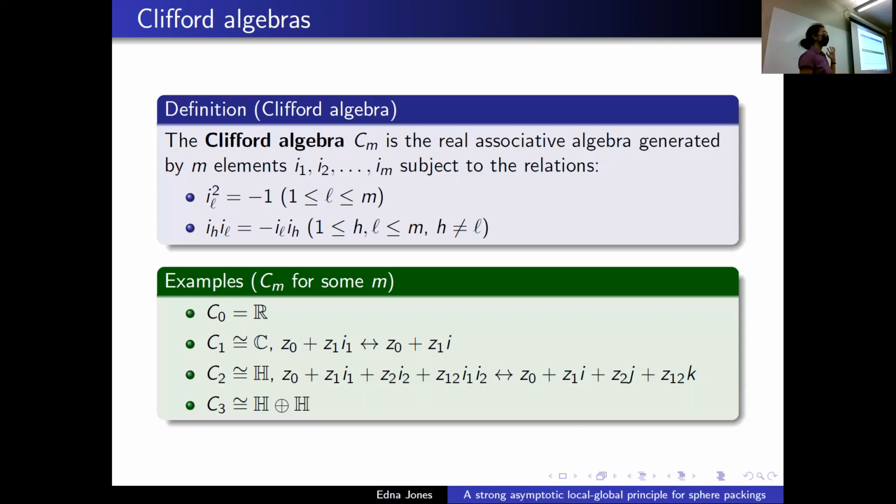C3 is isomorphic to a direct sum of the quaternions. I will not talk about the exact isomorphism because it's actually a lot harder to say than the previous one. So Clifford algebras extend our notion of the complex numbers and the quaternions.